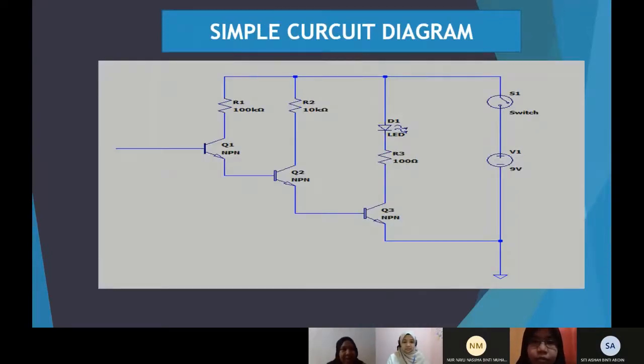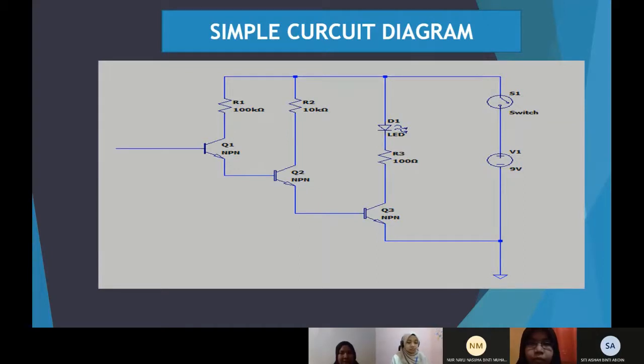Thank you, Amalin. I will continue with the simple circuit diagram. From this simple circuit, we can see that there are transistor, resistor, switch, and other components that can be used to detect the broken wire. The function of each component is, first, transistor. It is used to identify the location of broken wire. NPN transistor was chosen because it can apply weak signals entering the base and produce a strong applied signal at the collector end.